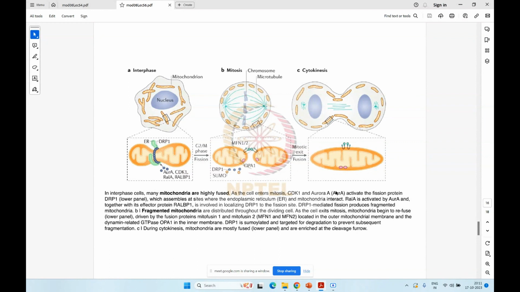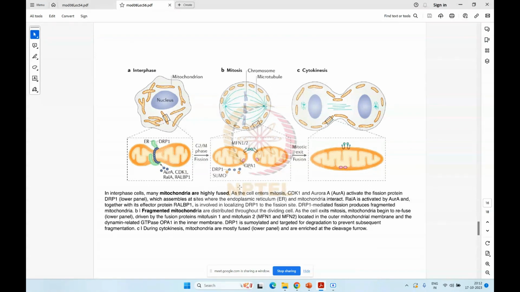What the kinases do is activate DRP1 so that it can form a ring around the mitochondrion and constrict it, and other proteins come into play, and this basically leads to the fission of the mitochondria.